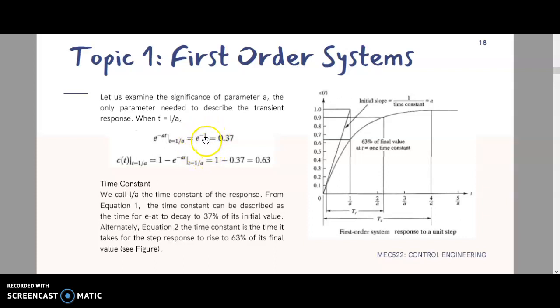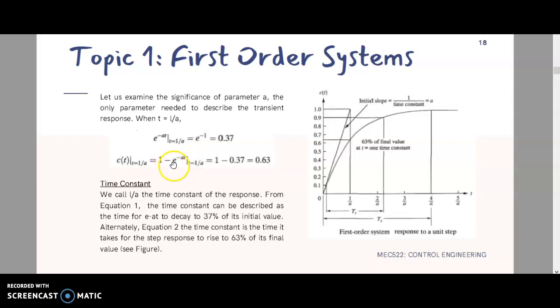You tekan calculator, you akan dapatlah 0.37. So maksudnya dia akan increase sampai 0.37.